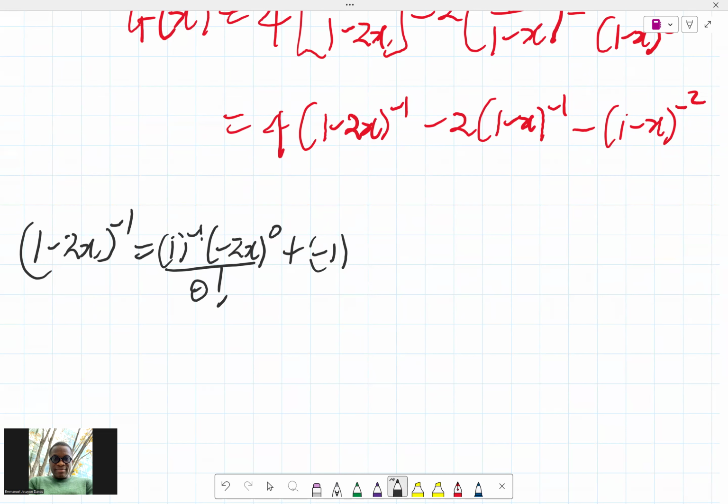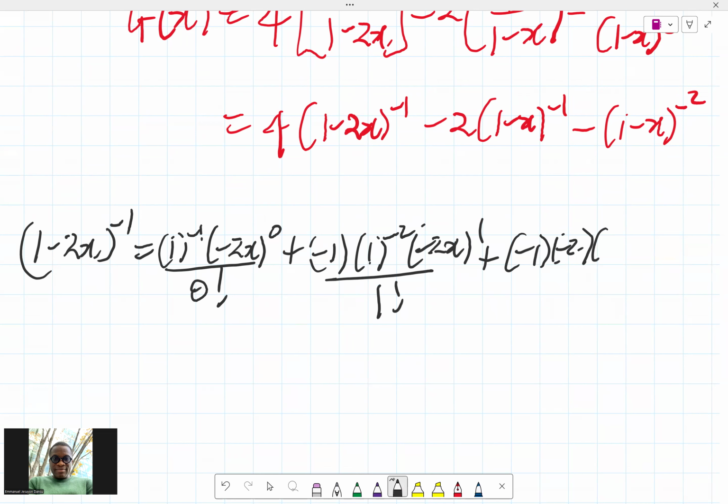So you have minus 1 into 1 raised by minus 2, minus 2x raised by 1 all over 1 factorial, plus minus 1 into minus 2, 1 raised by minus 3, minus 2x raised by 2, all over 2 factorial, and all the terms go on like that. So, of course, the whole of this will be 1. We've done that a lot of times, so we know it's 1.